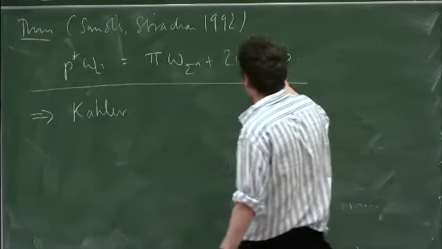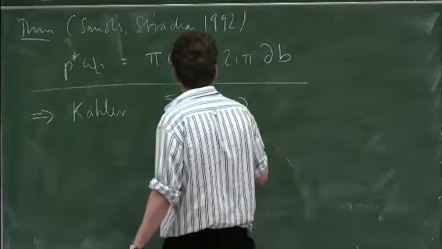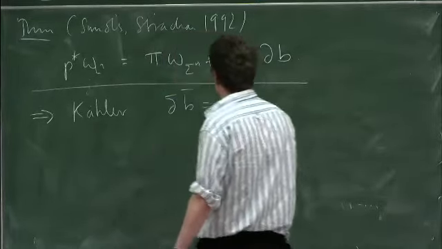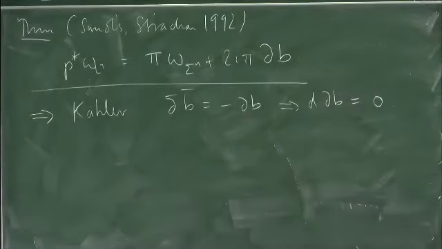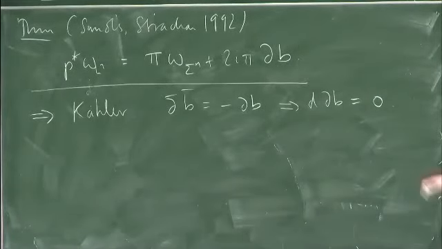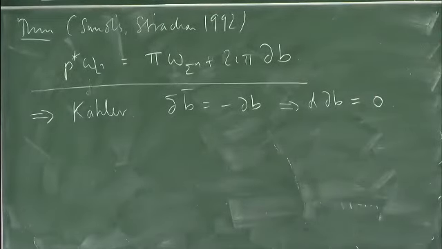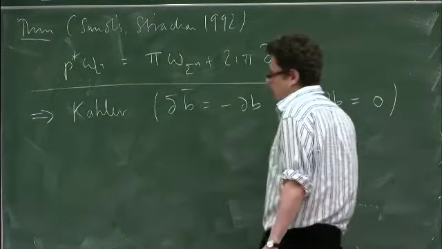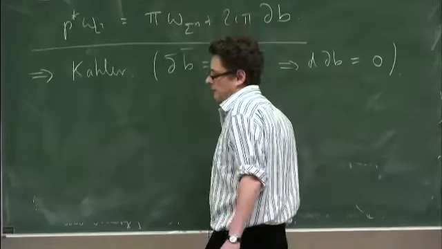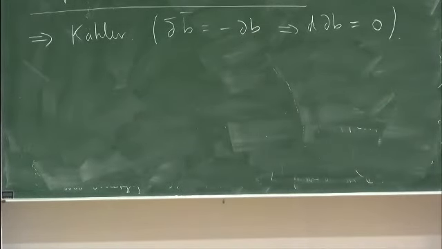So it follows that d-bar b-bar is minus d b, from which it follows that that's a closed form, right? And this is obviously closed, so it follows that the Kähler form is closed. So that's one way to see that it's Kähler in a rather more direct and hands-on way than the more elegant stuff.